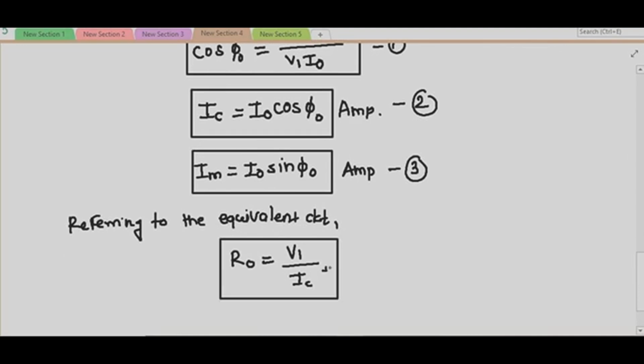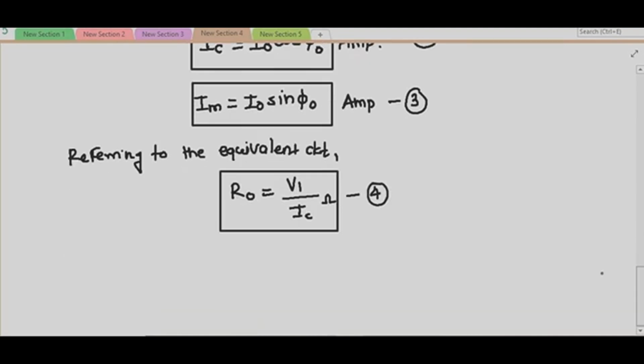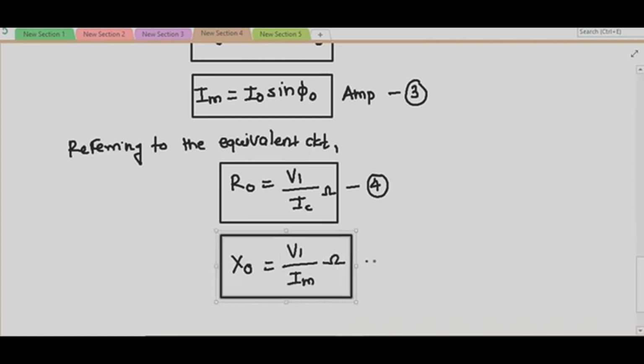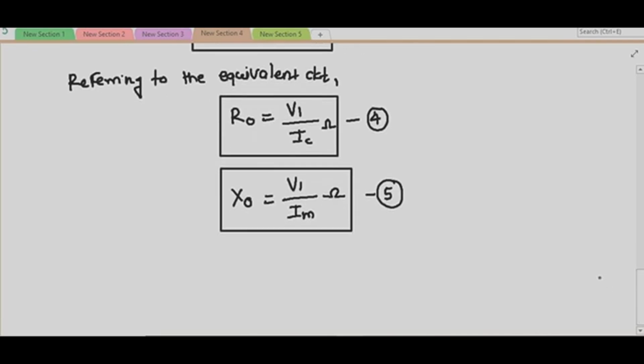This is in ohm. Equation number 4. Similarly, I can write down X0 equals V1 divided by Im, or I magnetizing, ohm again. So we can find out the parameters of the shunt circuit. That shunt circuit is included in the equivalent circuit to take into account the effect of the no load current.